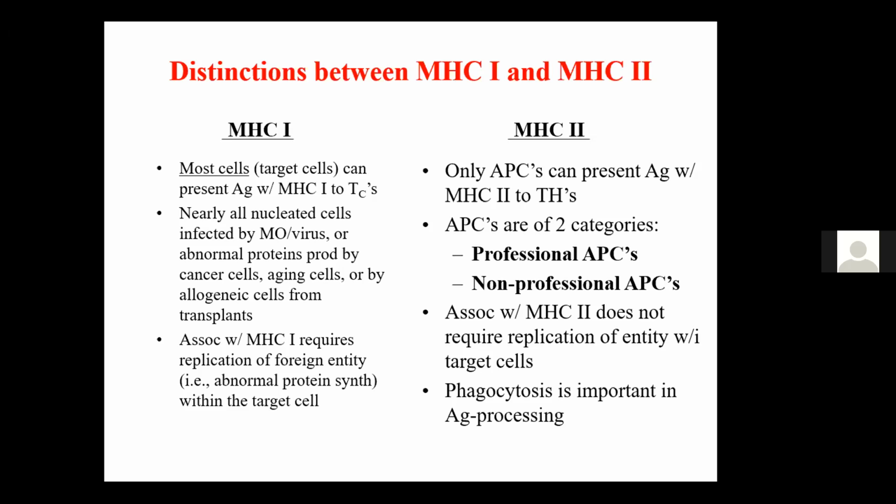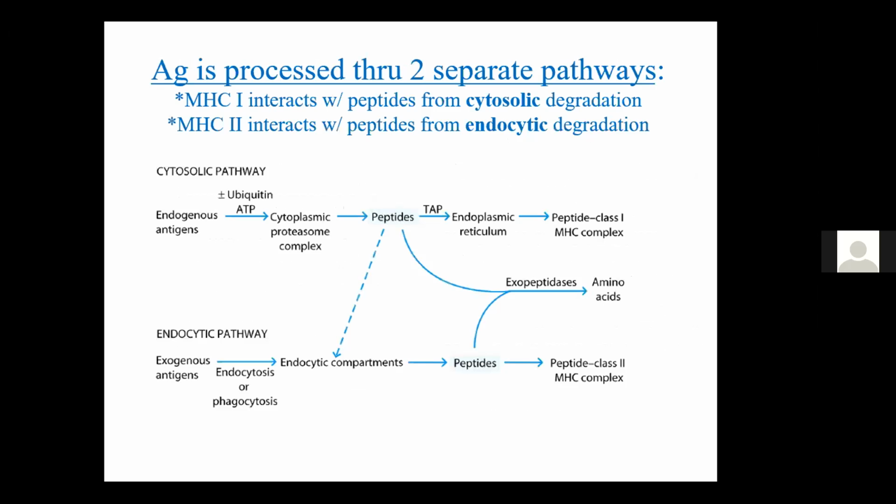So these are some of the differences between MHC class 1 and MHC class 2. The key points are what the targets are in terms of antigen and MHC association, and which cells will recognize these complexes. Is it T helper cells or cytotoxic T cells?